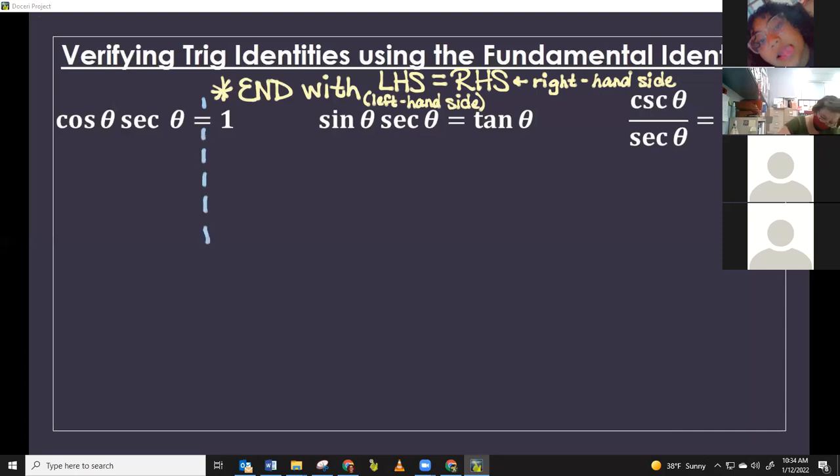So I'm going to use some of my simplify tricks, but I know what I'm after. I see this cosine theta here. I'm going to leave that be. How can I rewrite secant theta?